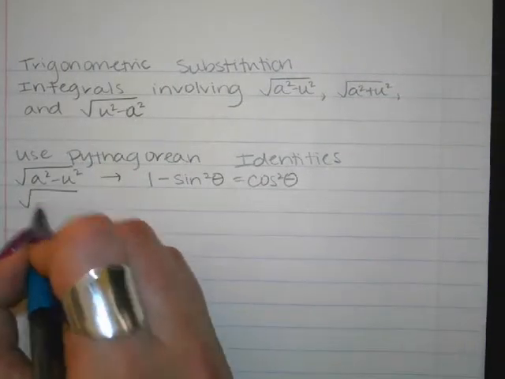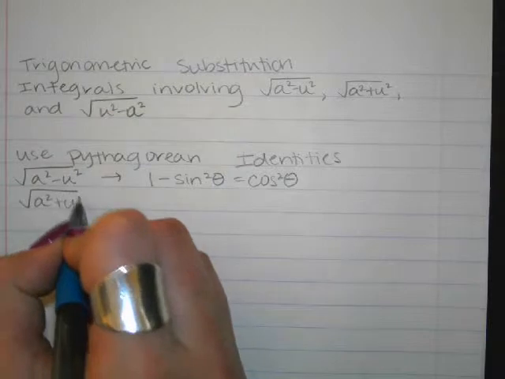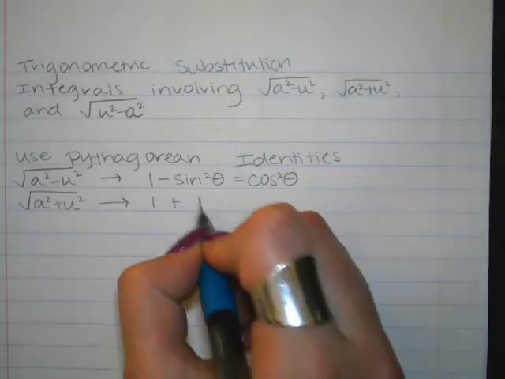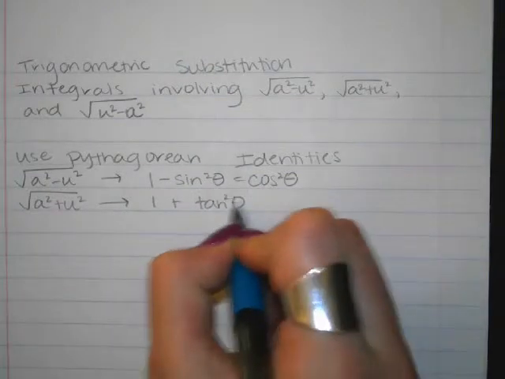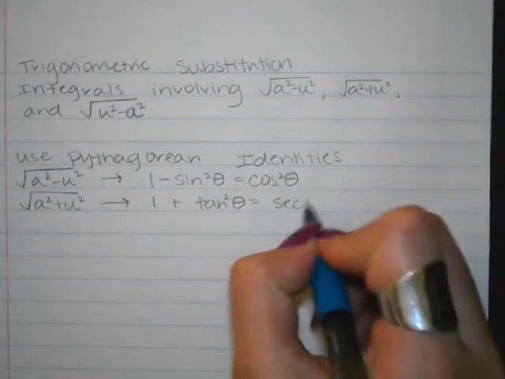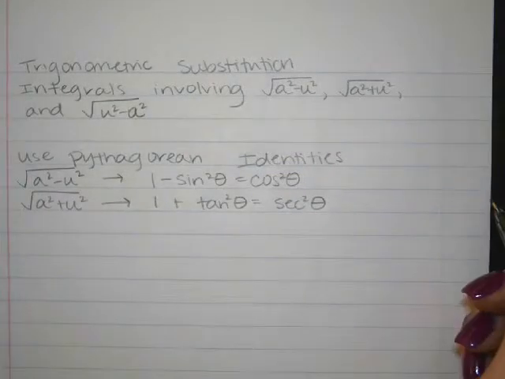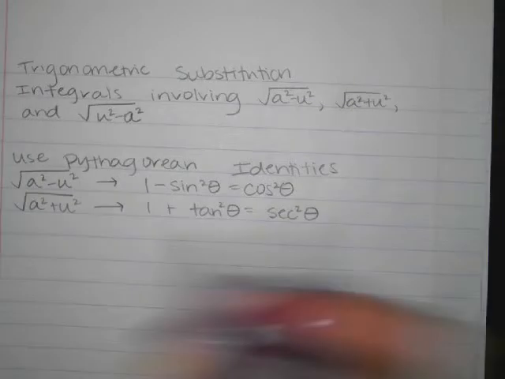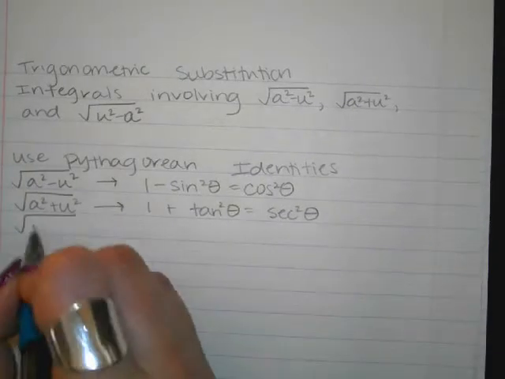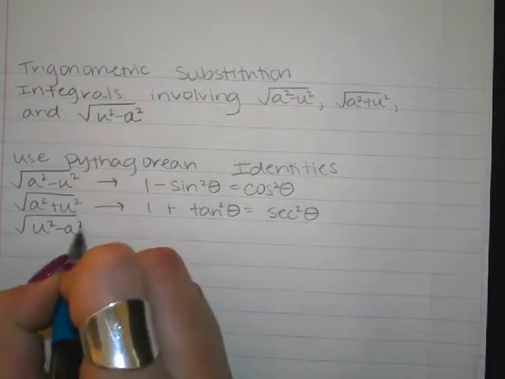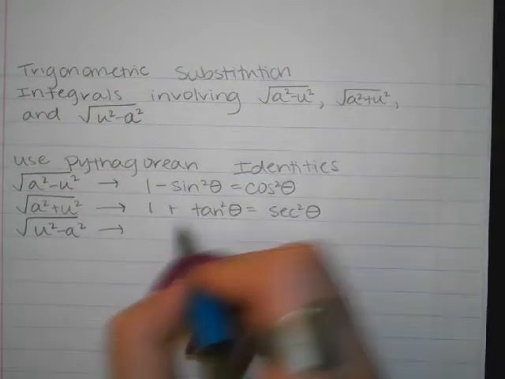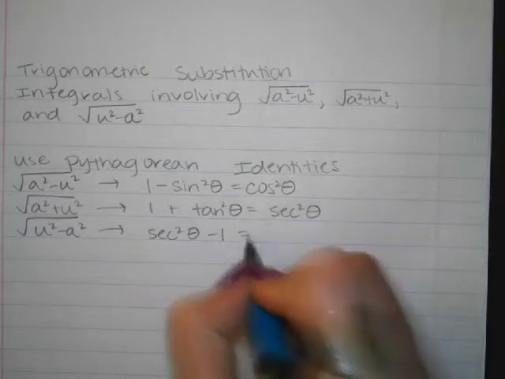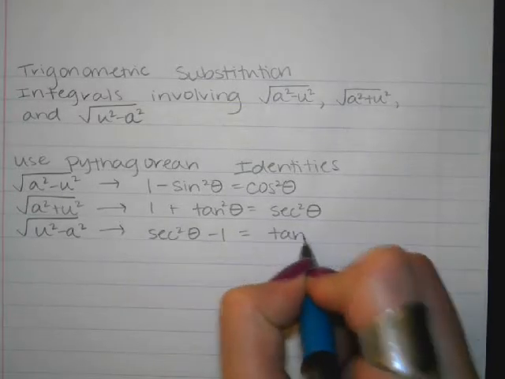If in the problem we see a squared plus u squared, then we're going to use 1 plus tan squared equals secant squared. And then if we see u squared minus a squared, we're going to use secant squared minus 1 equals tan squared.